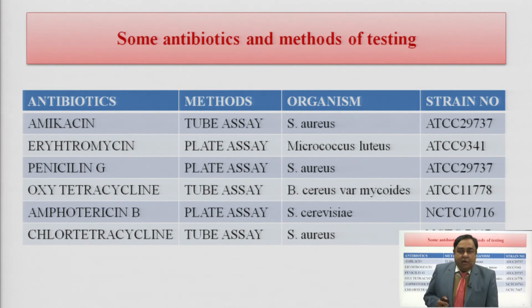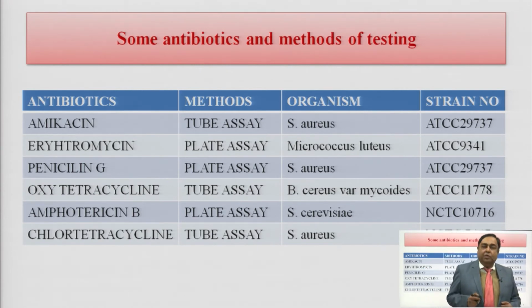National Collection of Type Culture, NCTC. Similarly, in case of chlortetracycline, which can be assayed by this tube assay technique with the help of organism Staphylococcus aureus NCTC 7447.